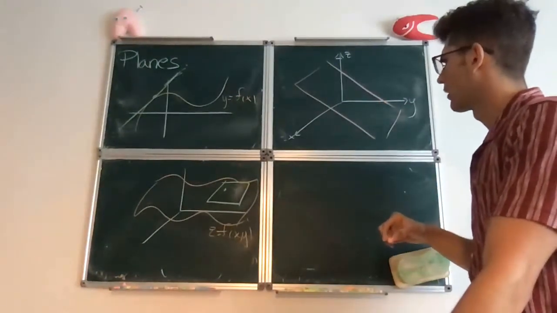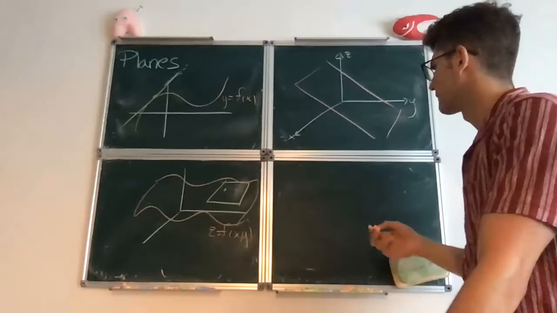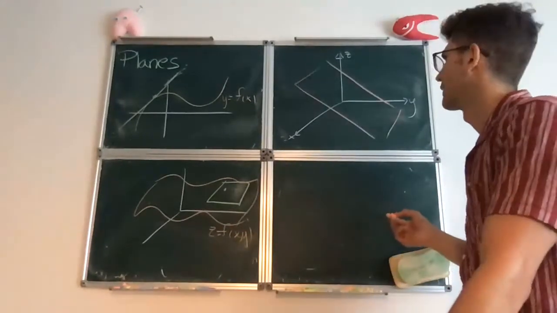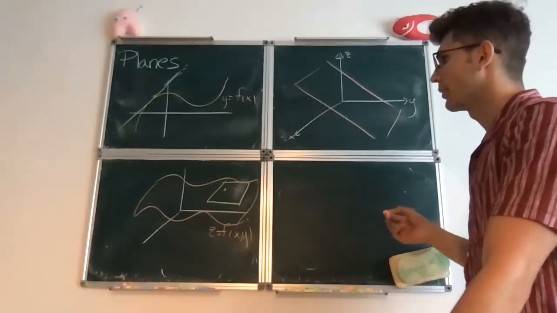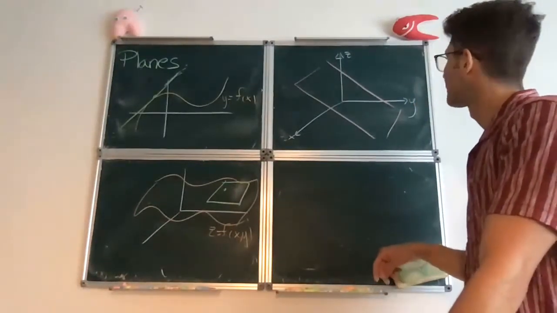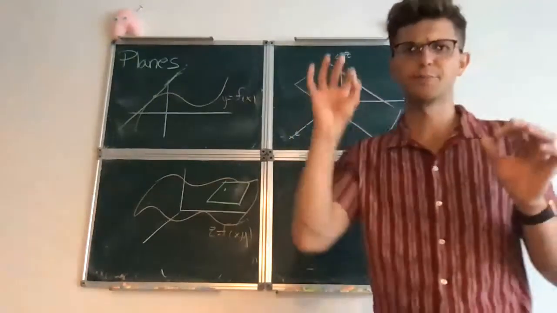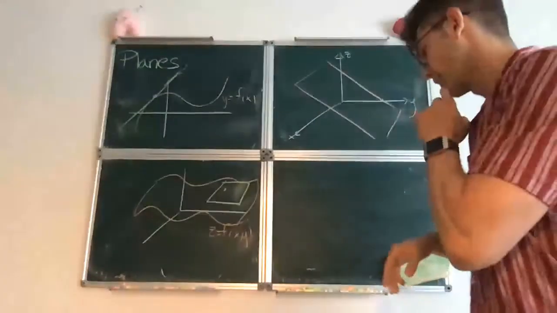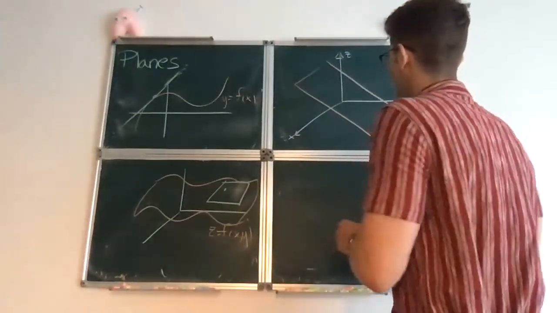One of the things we would like to do first is find an equation for this plane. If you remember from the videos on lines, for a line you had to specify a point on the line and a direction vector, right? Here there's a way to think about planes.